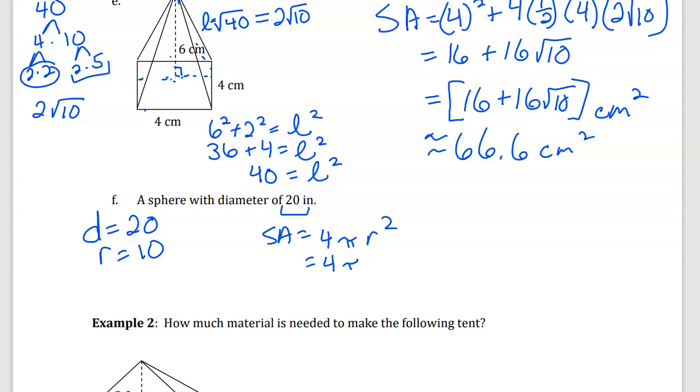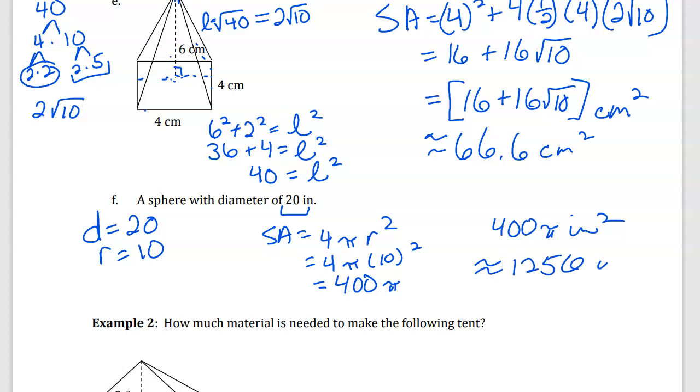So we have 4 pi times 10 squared. 10 squared is 100. 100 times 4 is 400 times pi. So we have 400 pi inches squared, which is approximately 1,256 inches squared. Again, a lot of this is just being able to plug it into the formulas.